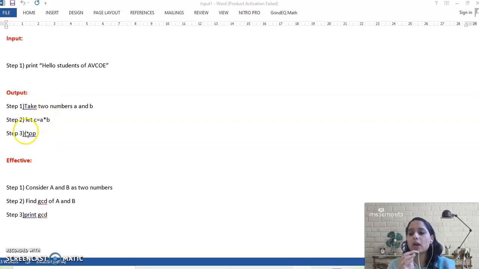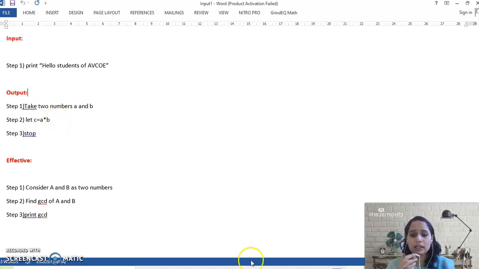But I have not printed the multiplication here, so that particular step is missing. If I do not print the result, then what is the role of these steps, or what is the purpose of this algorithm? That is the reason your algorithm should have at least one output. It can be one or more.